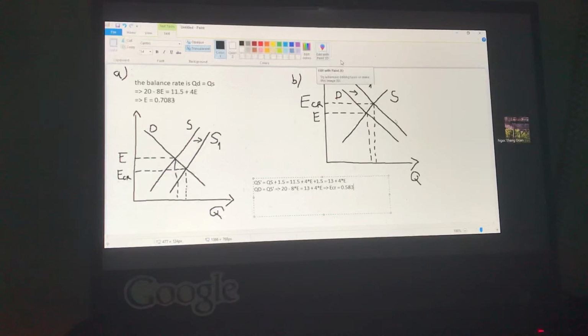And how much will the foreign reserve of Australia increase or decrease? In this case, the Central Bank of Australia has to buy the AUD, and they pay the USD. So their foreign reserve decreases.